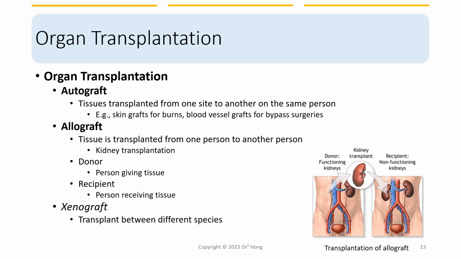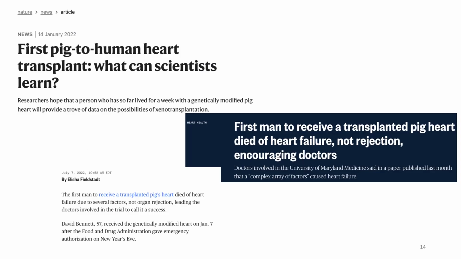Xenograft, on the other hand, is transplantation between different species. It doesn't happen very often, but it did happen once recently. This happened in 2022. There was the first pig to human heart transplantation at that time, and the pig's heart was genetically modified, presumably to express fewer HLA molecules.